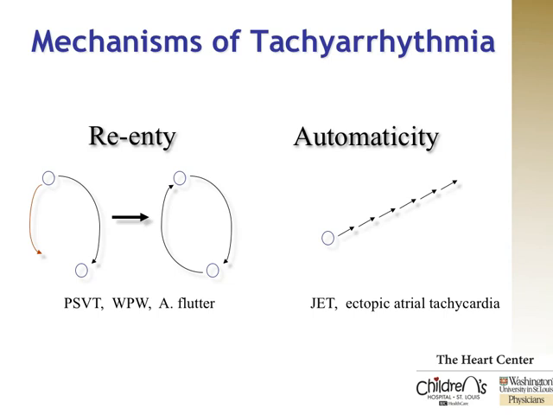So in a reentrant rhythm, an impulse has to go from point A to point B, from the high circle to the low circle, whether that's the sinus node to the AV node or the AV node down to the ventricle. There are often a couple of different pathways that impulse can travel, and usually it gets from point A to point B at roughly the same time via the various pathways.